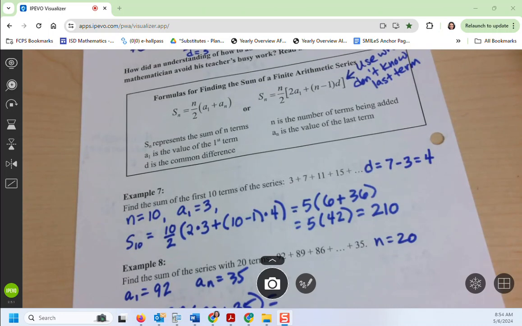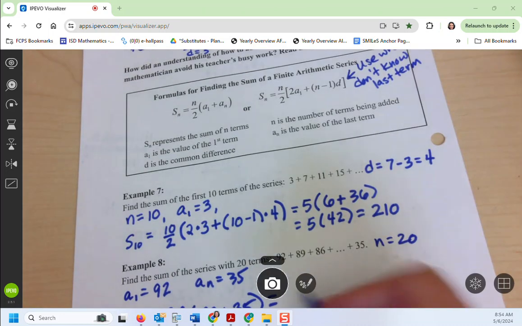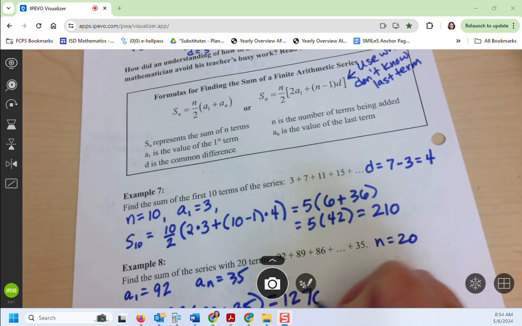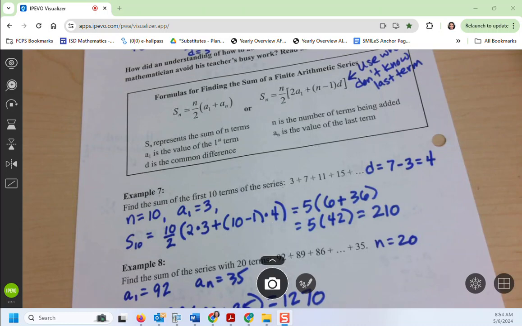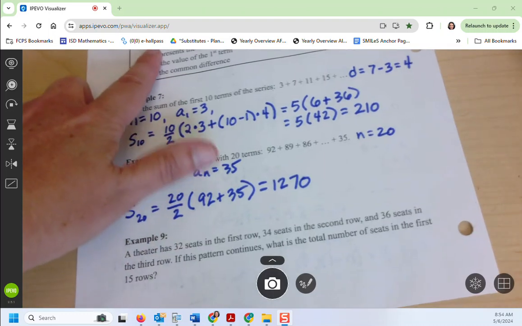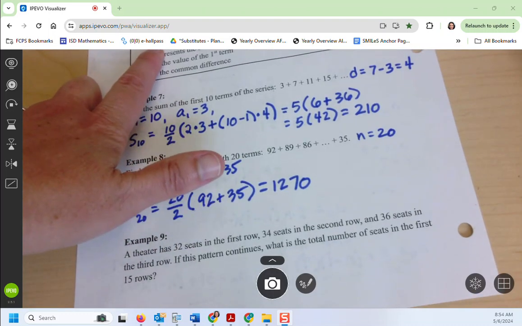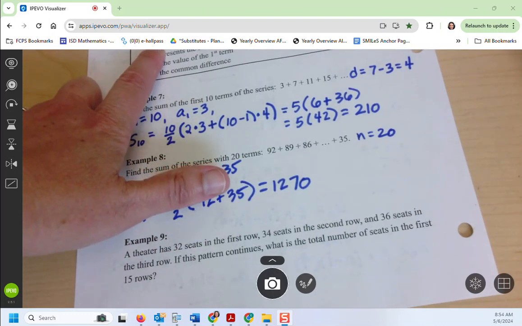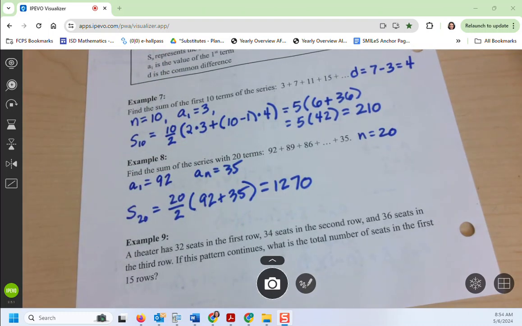And I'm getting 1,270. Anybody else get that? You got that? Thank you. Okay, questions on that one? So we use the first formula. The first formula is easier, but you can only use it when you know the last term.